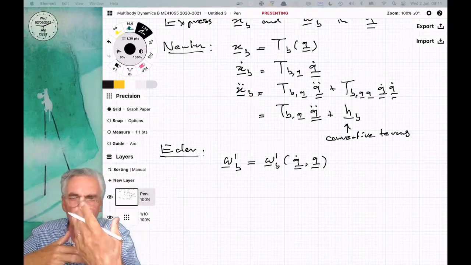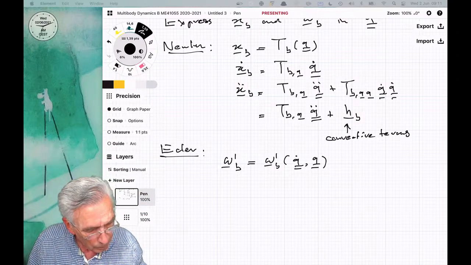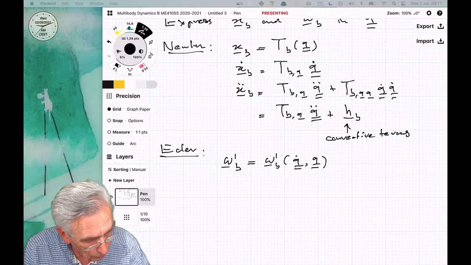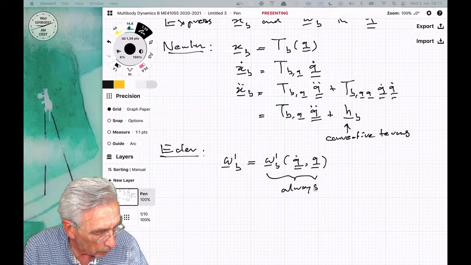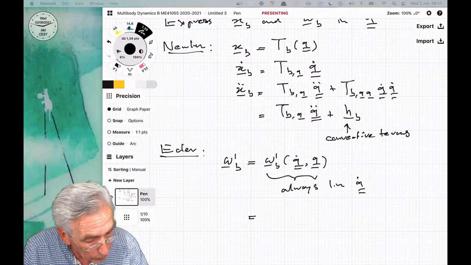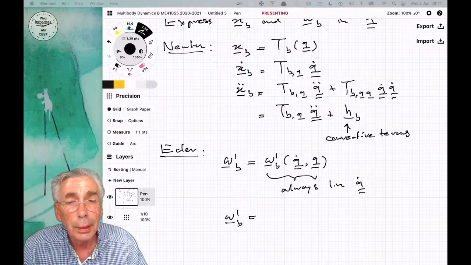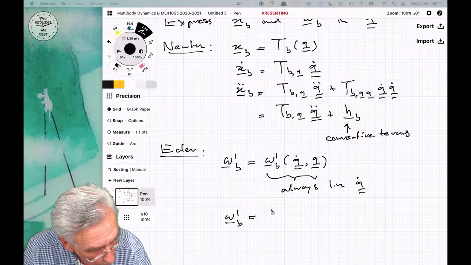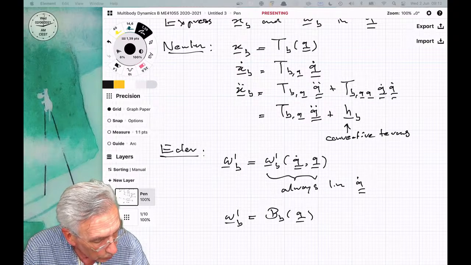It depends also on the orientation of the body, so in this case on the generalized coordinates. So it's a function of q, but this is always linear in q dot. So we can always write for the angular speeds a matrix times this q dot, a matrix which I will call B for every body, and it's a function of the generalized coordinates, times q dot.